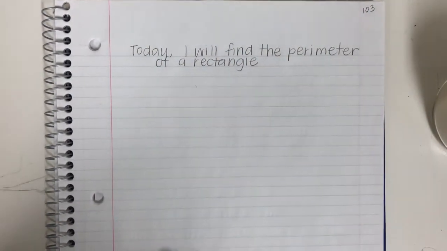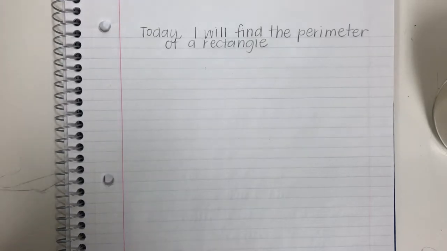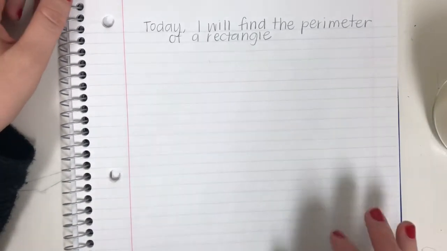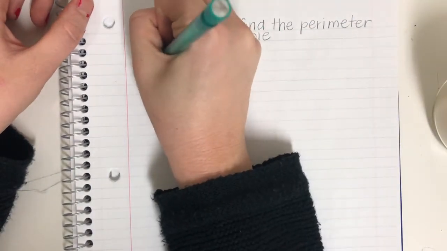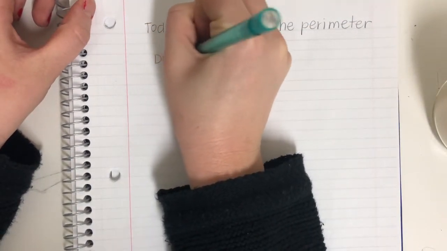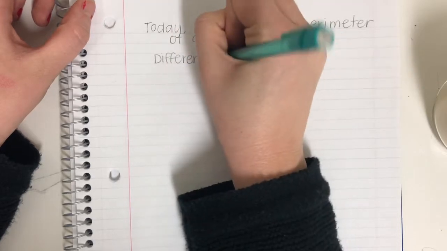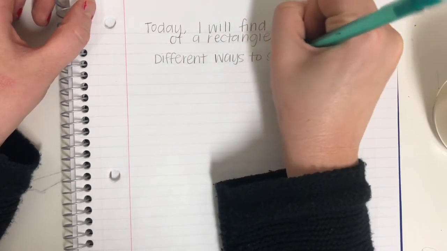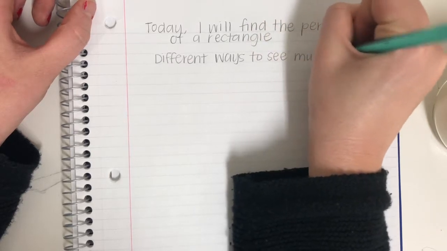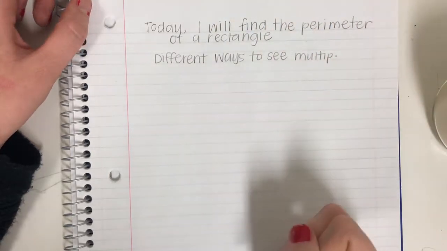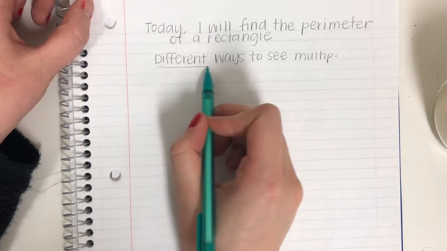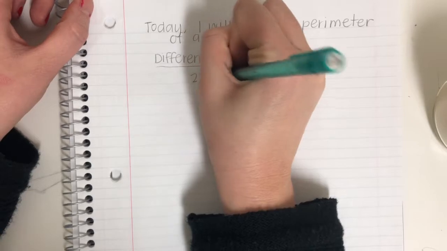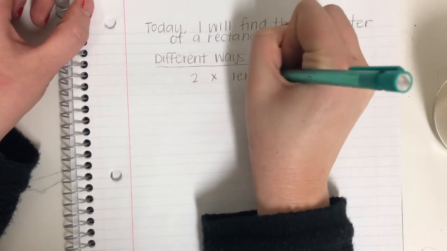Okay, so really quickly before we dive in, I just want to review different ways that we might see multiplication. So, I'm going to write different ways to see multiplication. Okay, so we might see an expression that looks like 2 times the length, right?